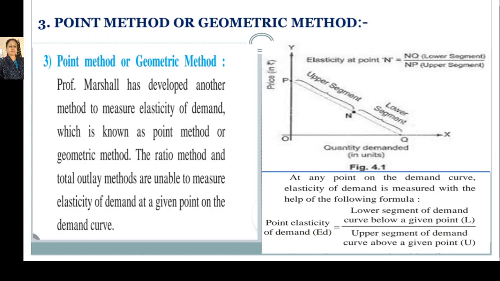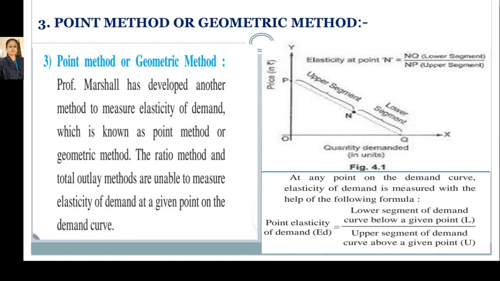Now, if we have to find out elasticity at point N, just see the figure. N is the point where we have to find out the elasticity. The value of the lower segment is NQ and the upper segment value is NP.